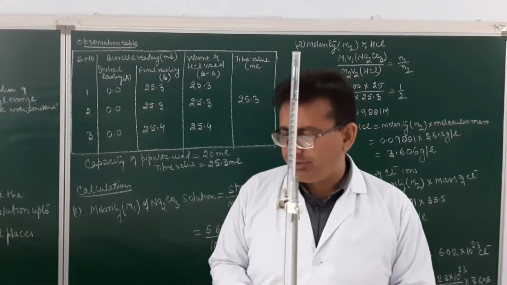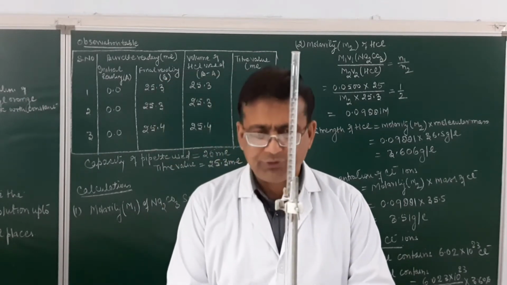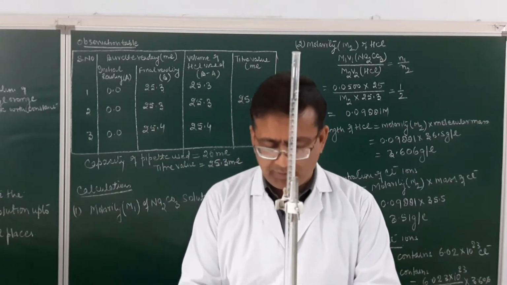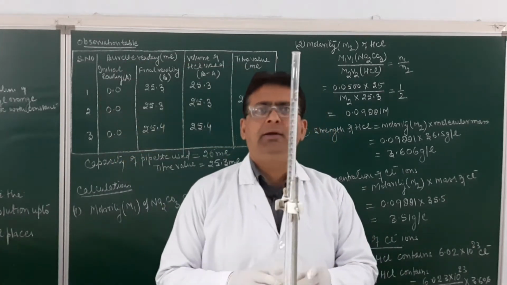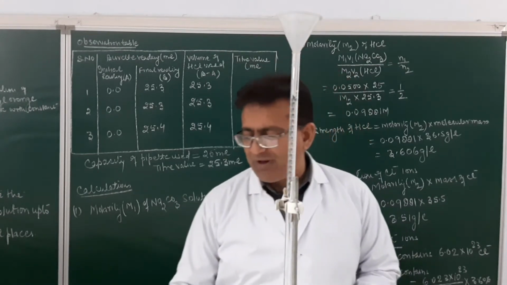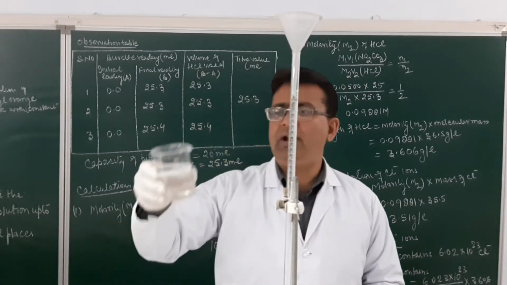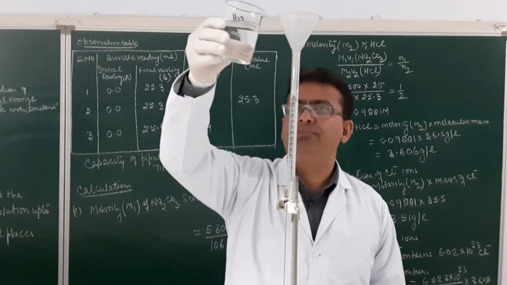Here, in this burette, I will be adding C11 solution. First of all, tighten up the nozzle from over here so that it does not leak from the bottom, and then through a funnel, we will add dilute HCl solution into this.